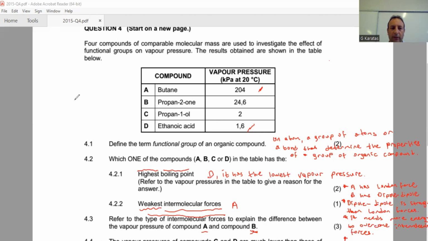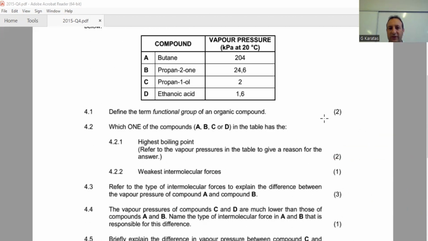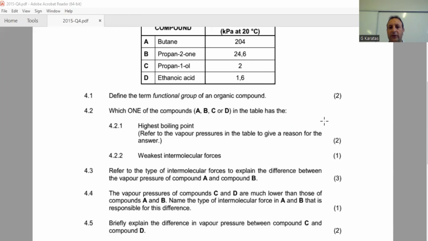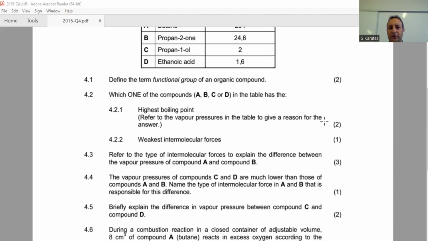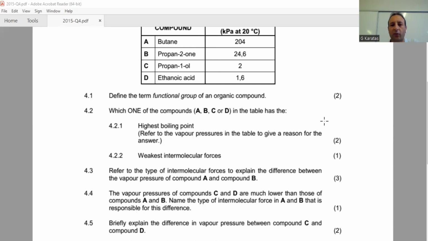Now I'm going to clear all these writings and let me slide this down. So the next question, 4.4.